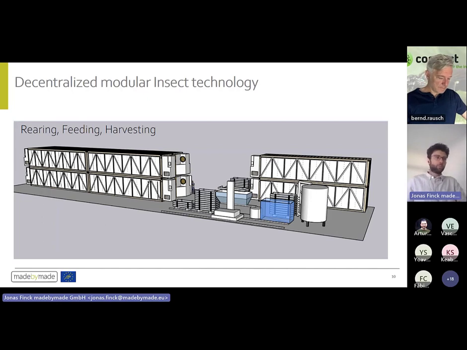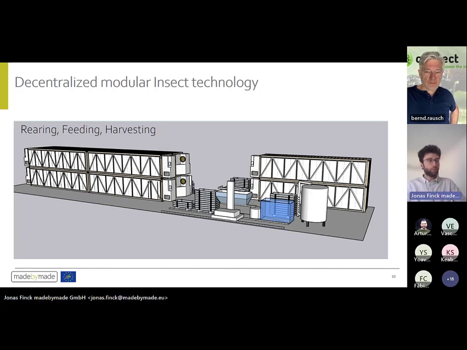scalable, easily adapted to specific organic residues, and which we can also easily scale up to different locations, because in my personal opinion, each insect facility has its own feed recipe depending on the substrate you use, and you should be flexible to adapt your system to a specific location.